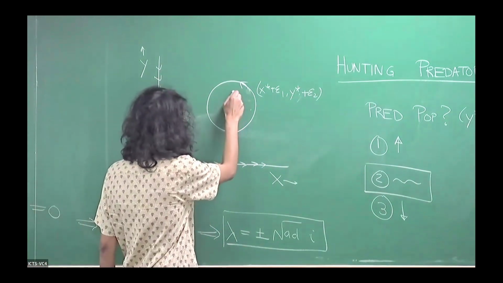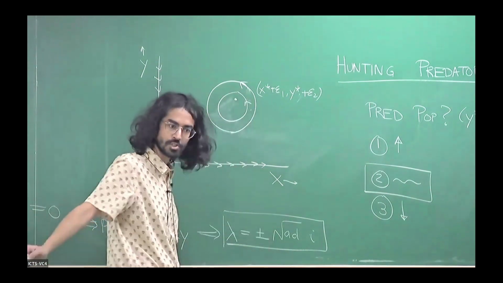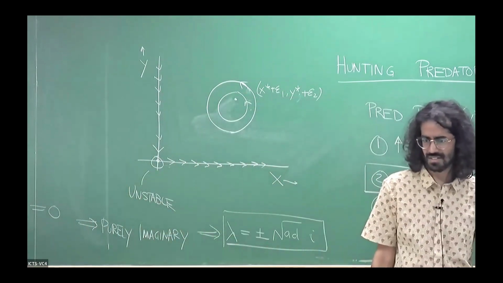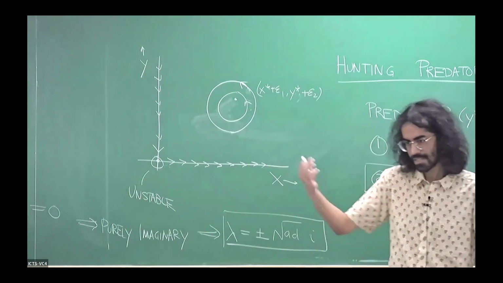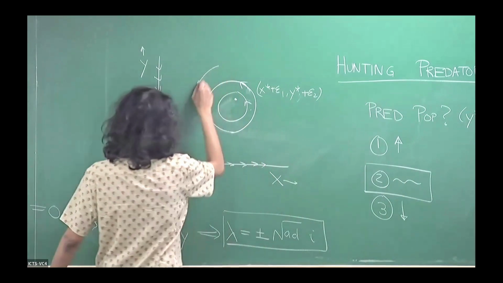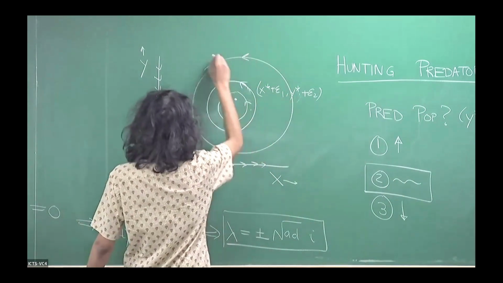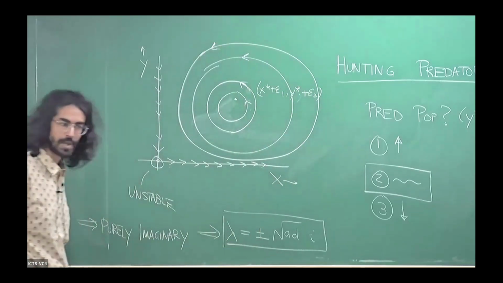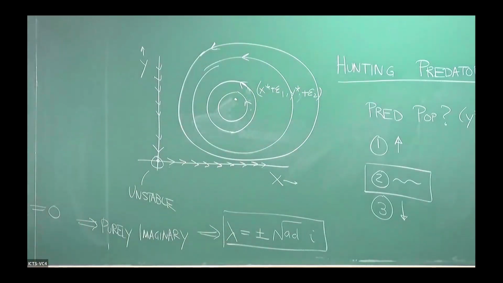Okay, so this gives us these closed orbits that we care about. Do they have to be circles? They can be some shape, right? But I'm also making these closed orbits as I go farther and farther away. Am I justified in doing that by what we just did?